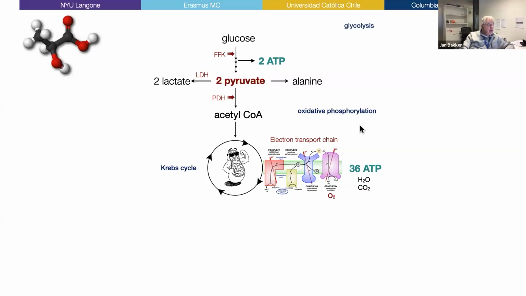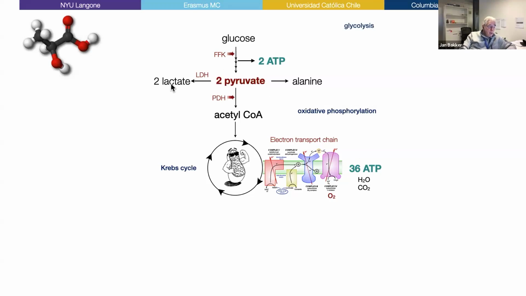And so the oxidative phosphorylation, which is much more efficient, I mean, this is 2 versus 36 ATP, is much more efficient, but it's also much slower. So that's, let's say, in a nutshell, the main elements of lactate metabolism that play a role in clinical practice.